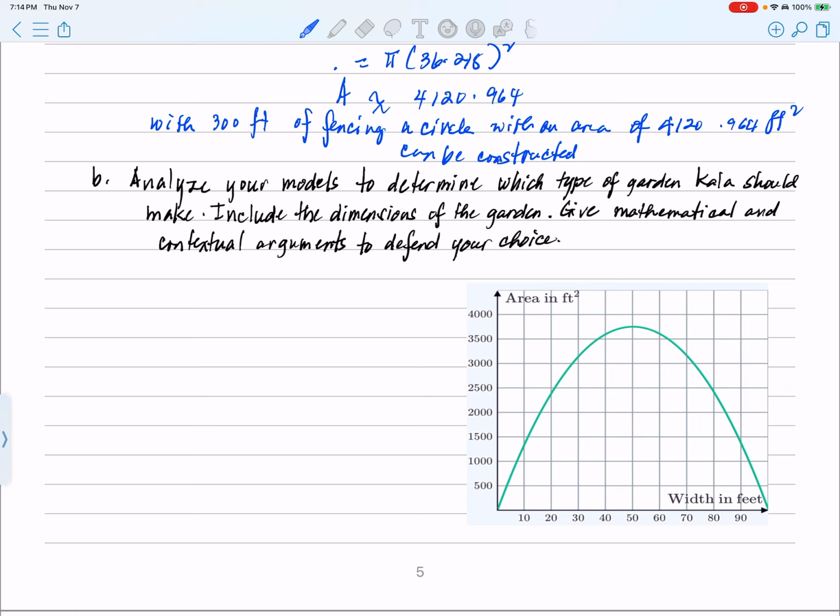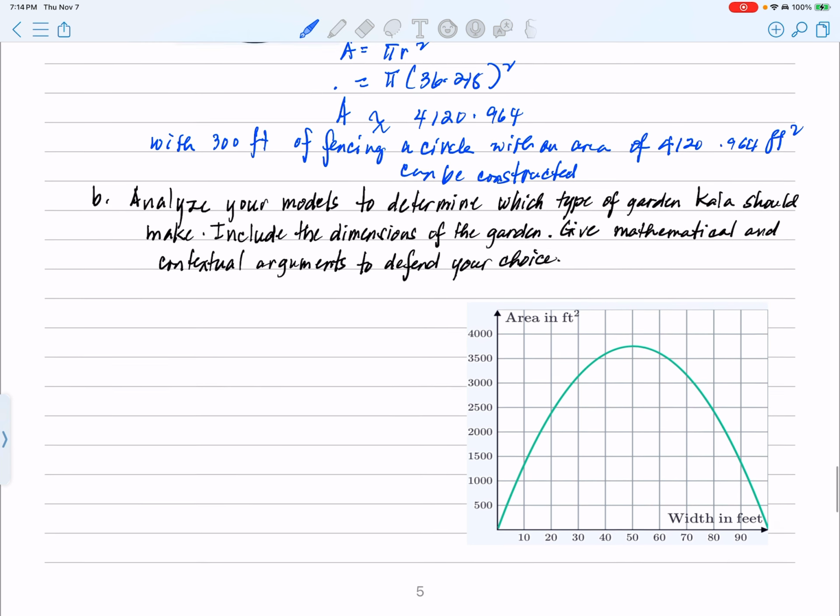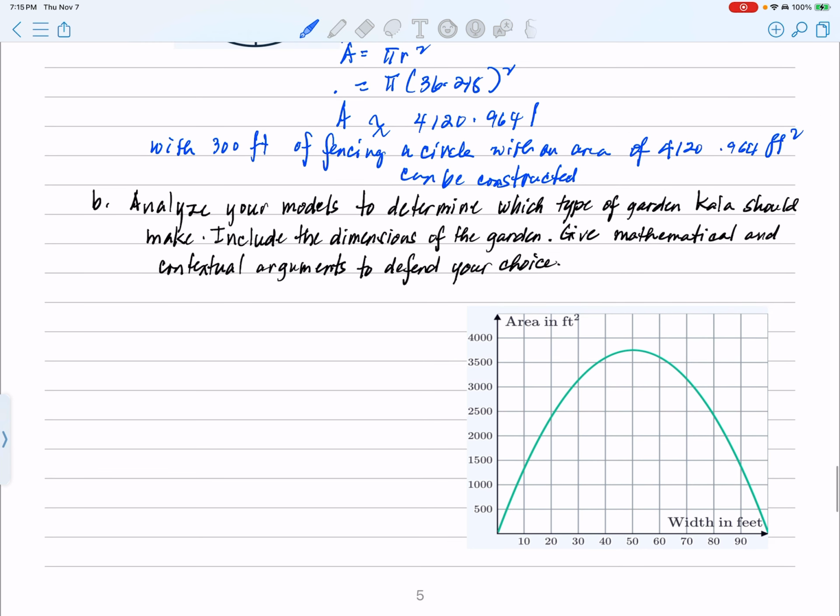So in part A, we found the area of a circular garden with the amount of fencing available is about 4,120 feet, okay, this is feet squared. Graphing the area function, we try to graph the area function here.